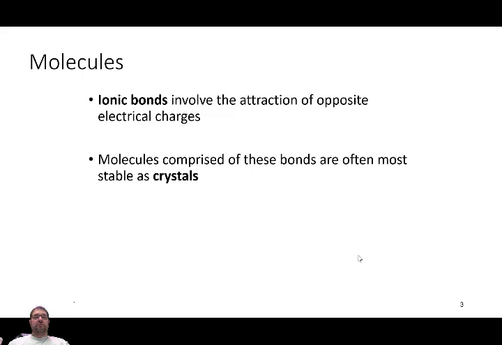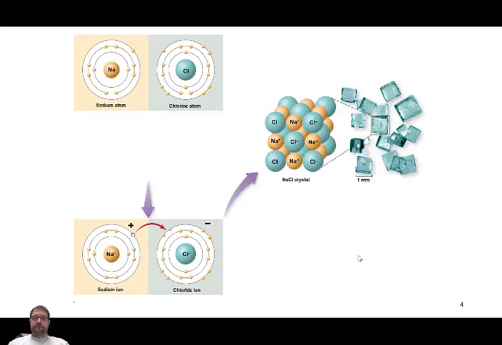When these molecules are formed, the majority of the time they make crystals; their stable solid structure is a crystalline form. For example, table salt, or NaCl, sodium chloride, is a sodium atom and a chlorine atom.